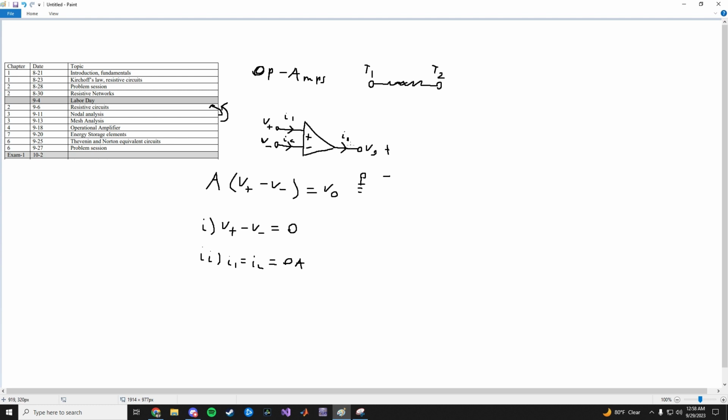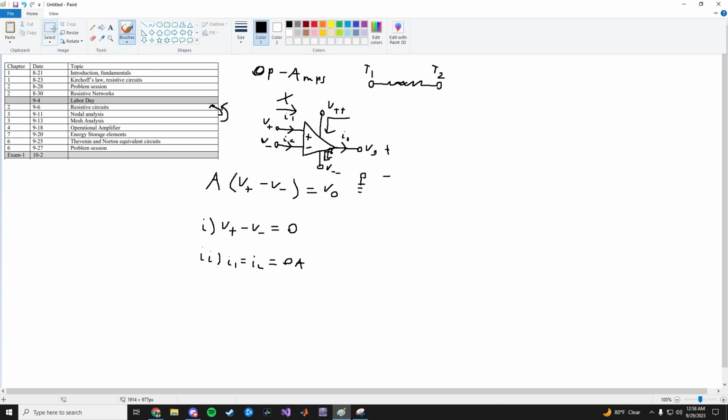However, current can flow in and out of the output terminal, which physically happens because there are power rails that power the op amps. I don't know if you know that from 1202. So current can flow this way, but it cannot flow that way. So that's the second golden rule, and those are really important for the op amp.